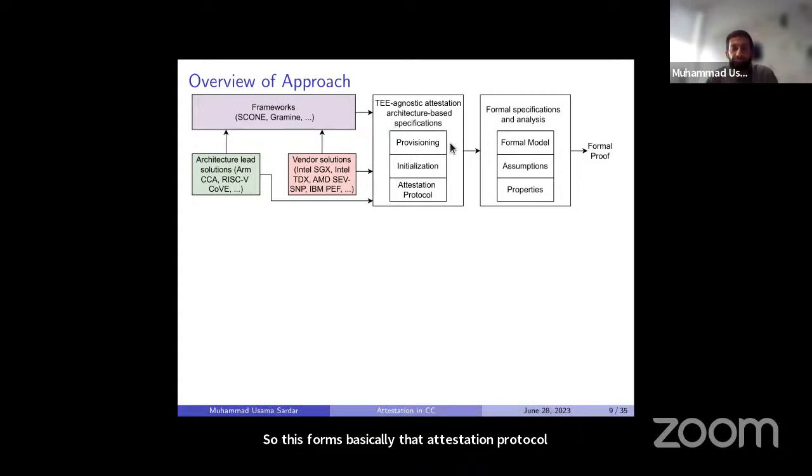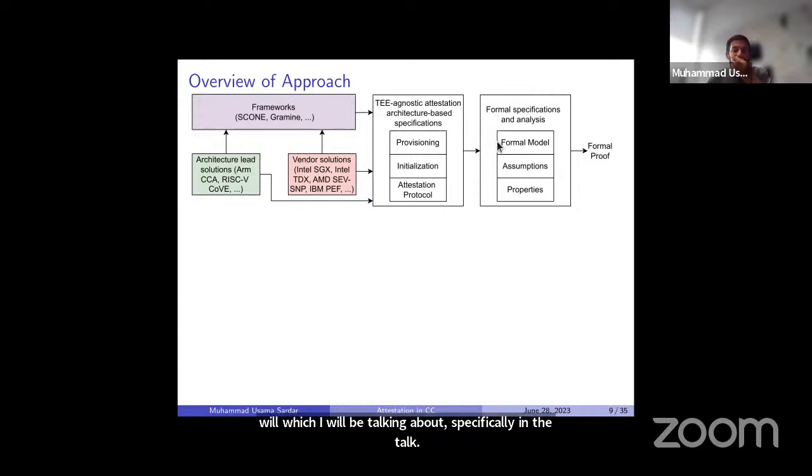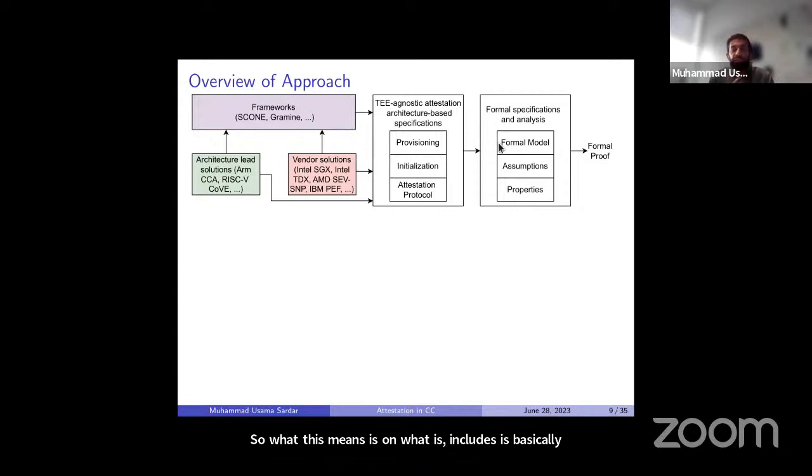Then based on that generic TEE-agnostic specification, we can do the formal analysis, which I will be talking about specifically in the talk. What this includes is forming a formal model out of the specifications, and then, based on some assumptions, proving the required properties, the goals which the protocol is required to satisfy.